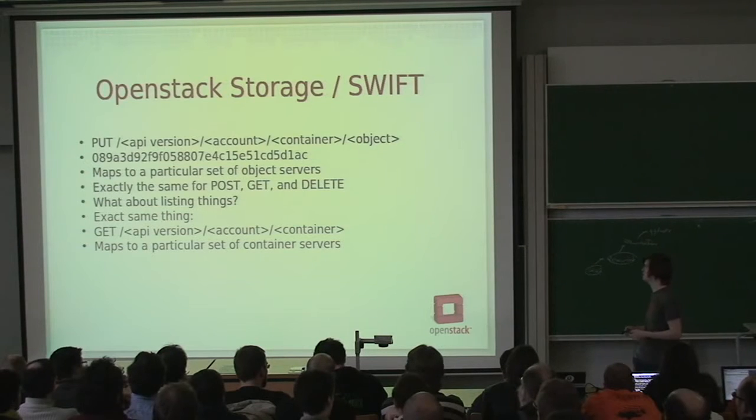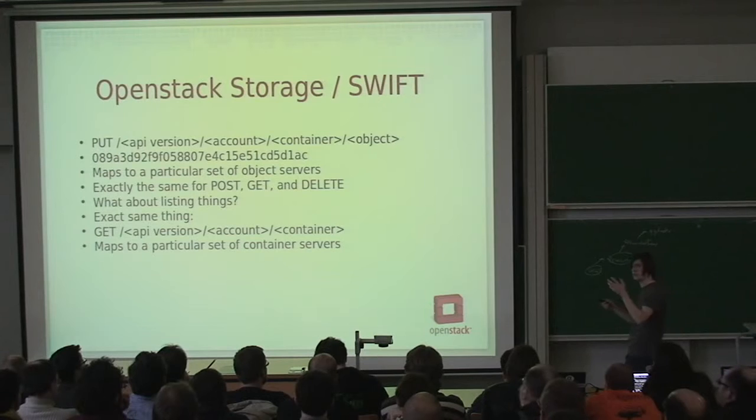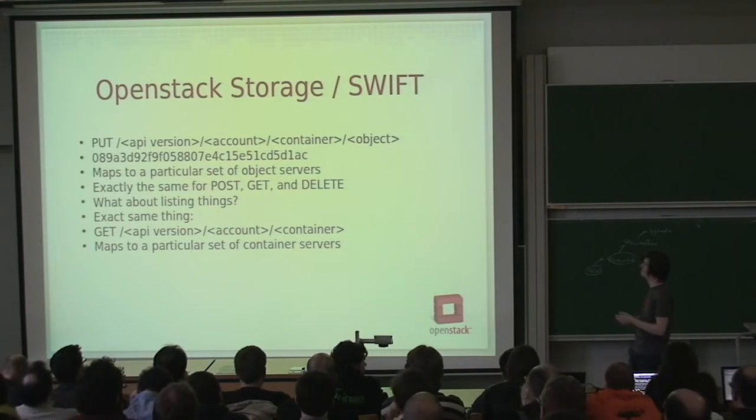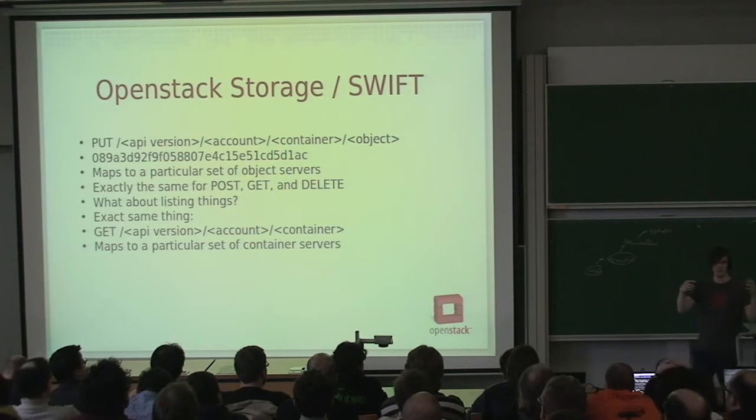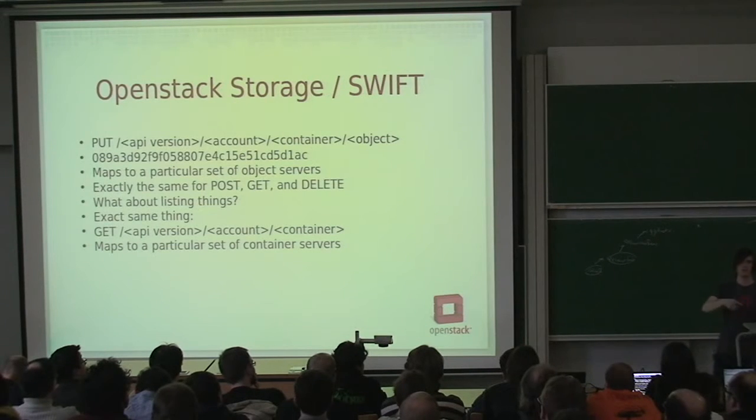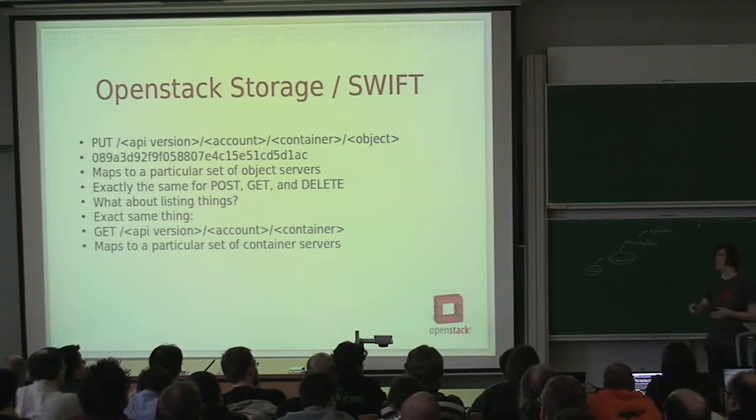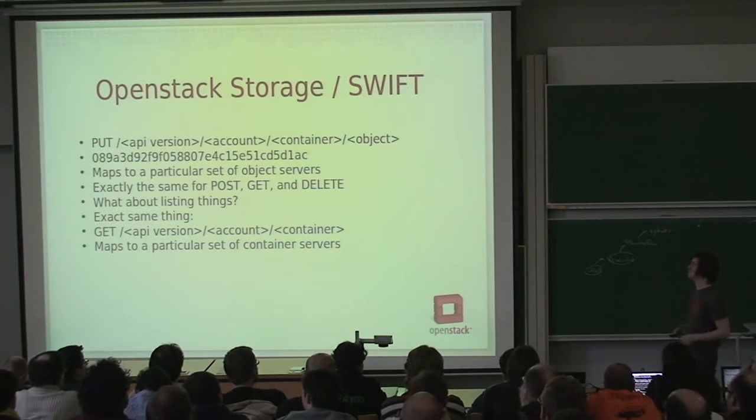And the exact same thing happens if you want to find the list of containers. It takes just your account name, plus an MD5 hashing, and uses the result to figure out exactly which servers hold the SQLite database that tells you which containers this particular user has. It's fantastic.